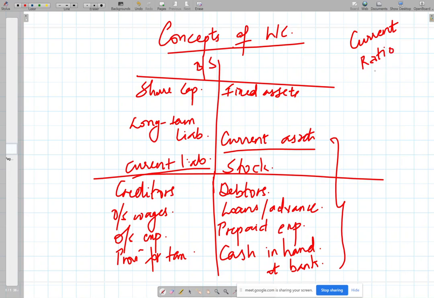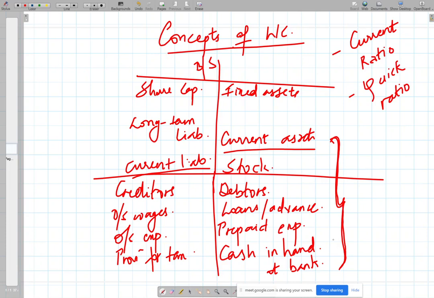It is a type of liquidity ratio. Then there is also something called quick ratio. So these ratios try to see the working capital levels as to how much liquidity the business has.